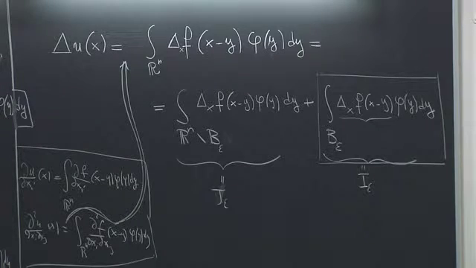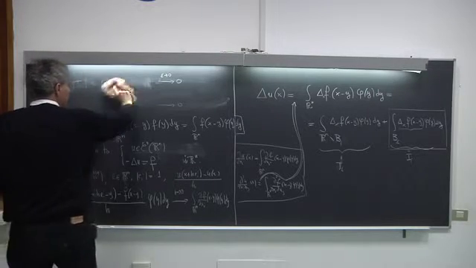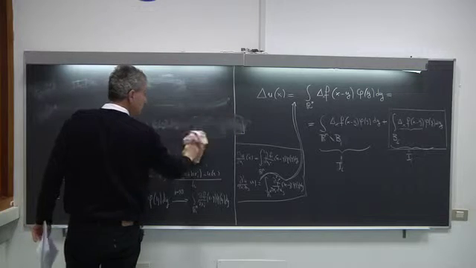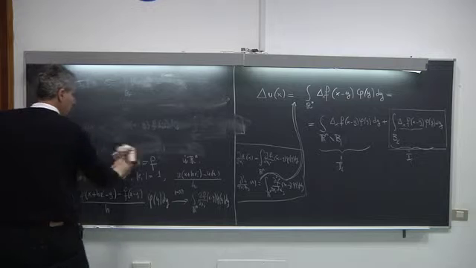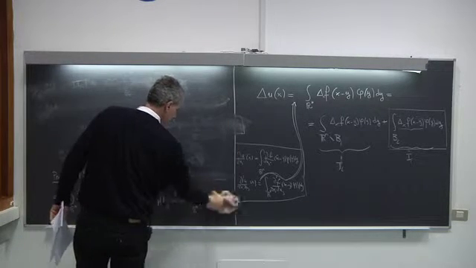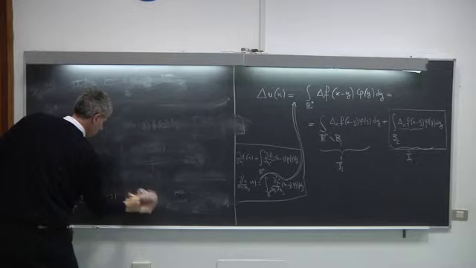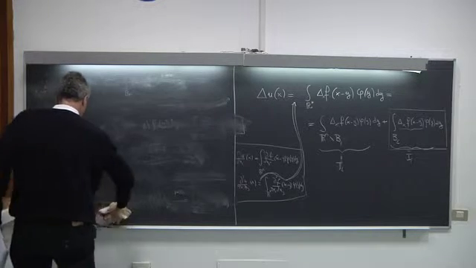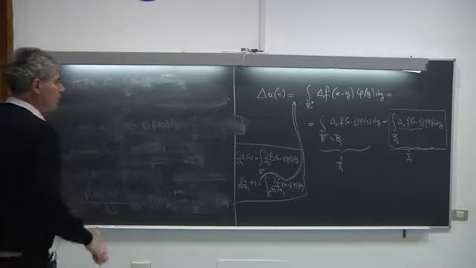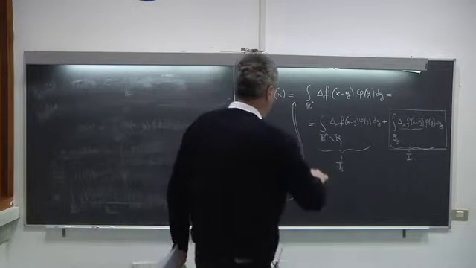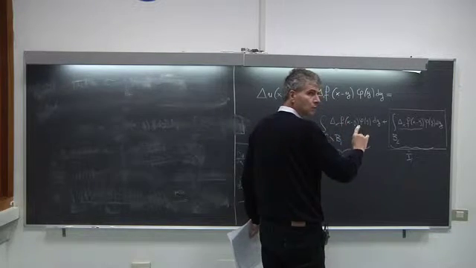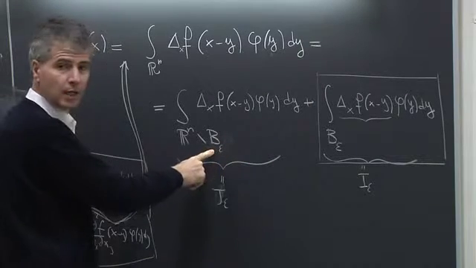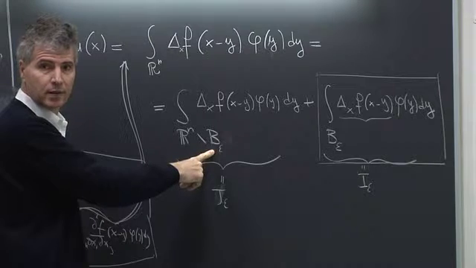Now we can integrate by parts here, because now everything is smooth. Phi is smooth, because I am outside the ball, far from the singularity.